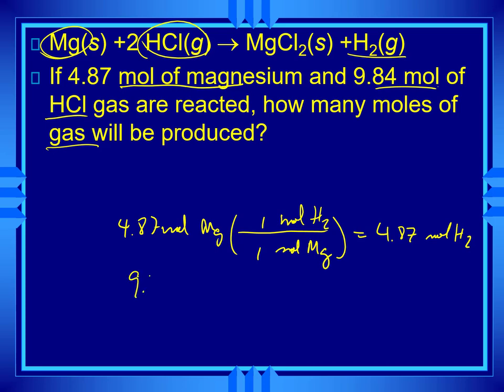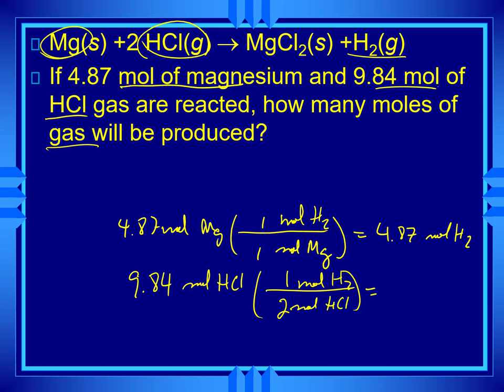And then I do the 9.84 moles of HCl. Turn the moles of HCl into moles of the product. The product was H2. In my equation, there's a 2 and a 1, and that works out to be 4.92 moles of H2.